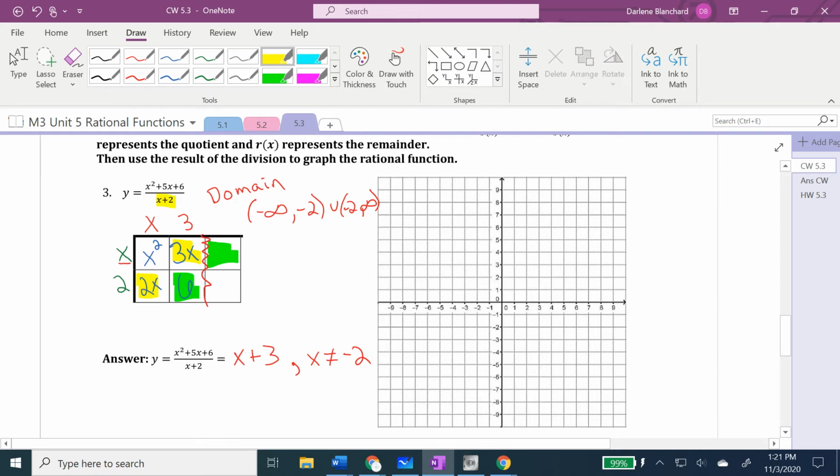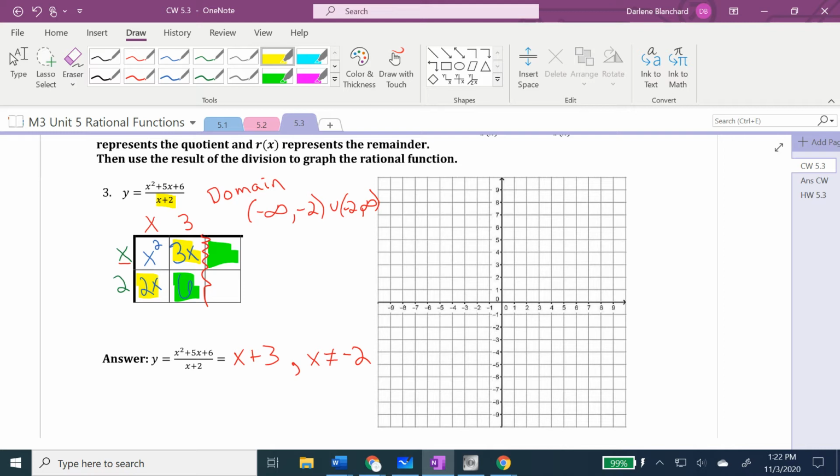And when I look for its domain, I'm checking for, is there anything that causes its denominator to equal 0? And so those are numbers that are automatically kicked out of the domain. Even if I can simplify it to something nice, that -2 is still a problem. It's not allowed to go into the domain.